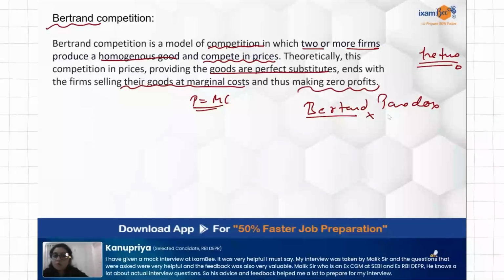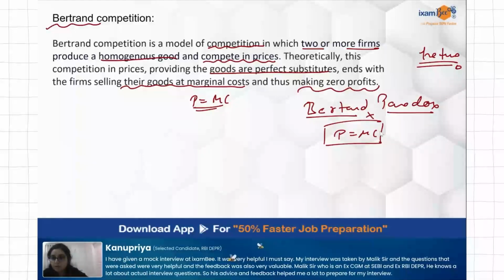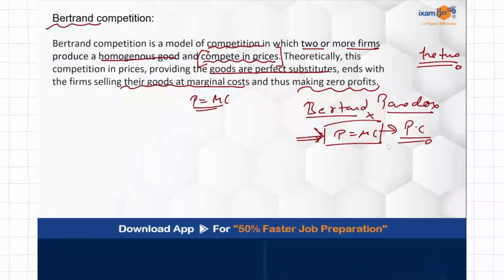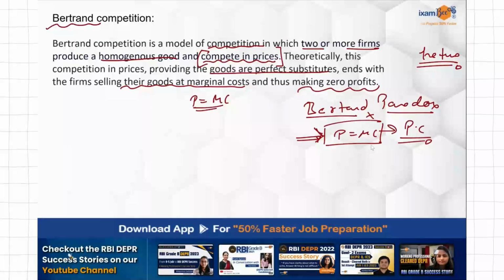The paradox is that even with only a few firms, we are selling at price equals MC, which we used to do in the case of perfect competition. Why? Because the goods are homogeneous and we are competing in prices. This is the most important point. Just because we are competing in prices, we tend to charge price equals MC, the same as in perfect competition.